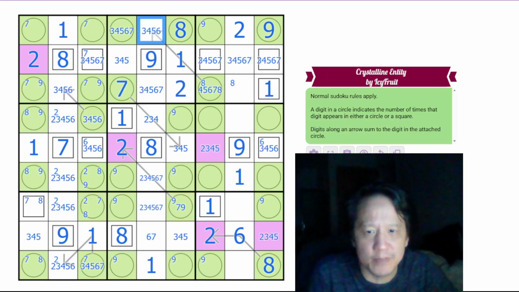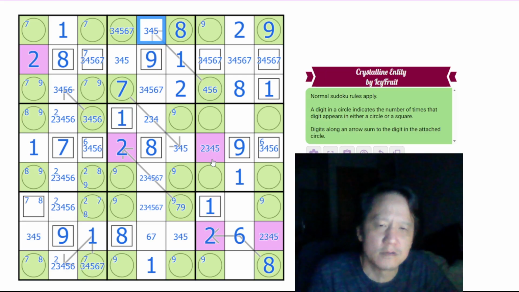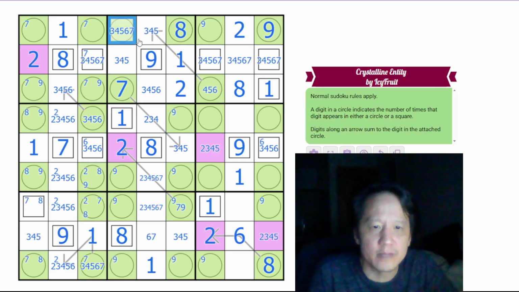This could not be 7, so this could not be 8 here, which means 8 would have to be here. Huh. So then 8 would have to be one of these two. That looks okay so far. This can't be 7, so this couldn't be 6. That's interesting. Obviously this can't be 7.